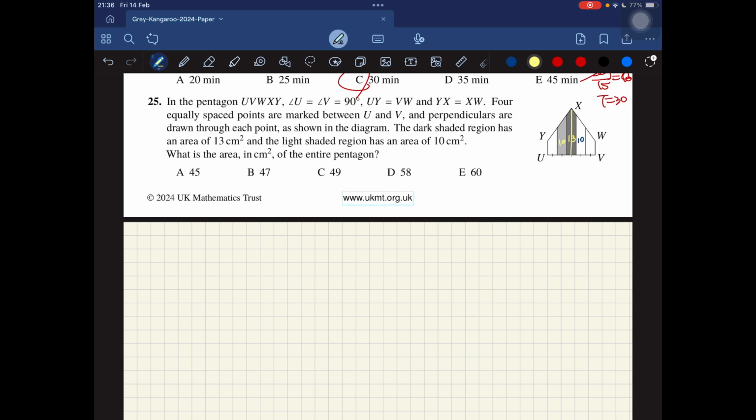So let me divide by 2 like this, and there is 10 and 10. This is 6.5. So this is x. Let's call it x.